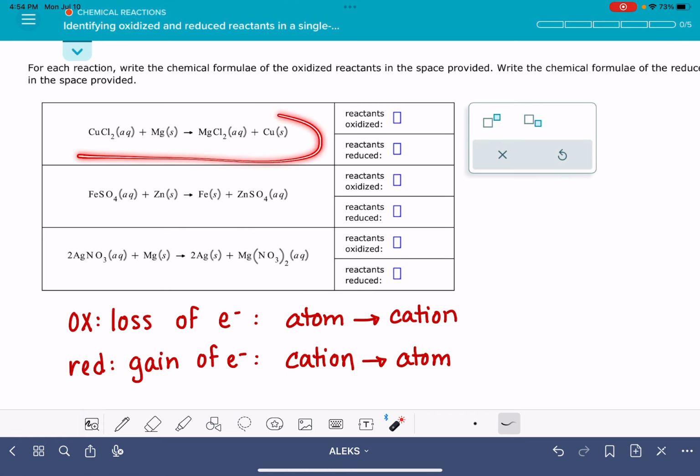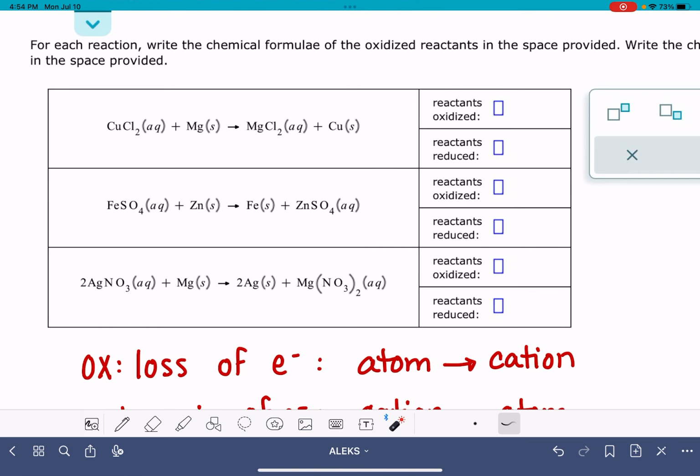Let's take a look at this first balanced equation. To find my oxidation reaction, I am looking for a reactant that is an atom being converted into a cation. Right there, this guy right here. Remember, in an ionic compound, the first substance that's listed is the cation.